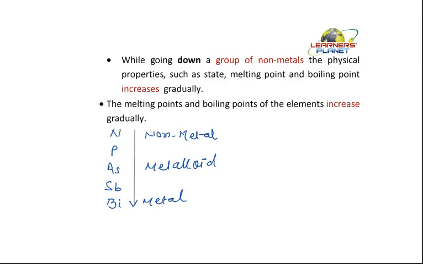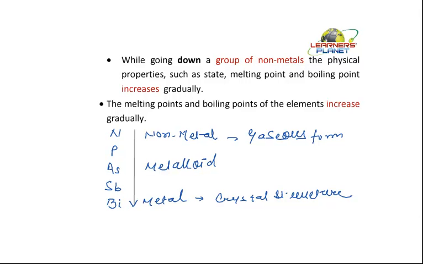Now this is a metal, so it will have a crystal structure, whereas this is a non-metal, it will have a gaseous form. So which will have a higher melting point, a solid or a gas? Obviously a solid.